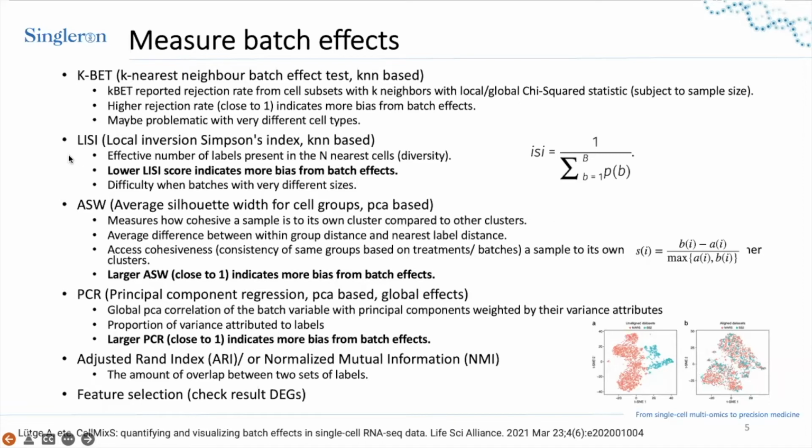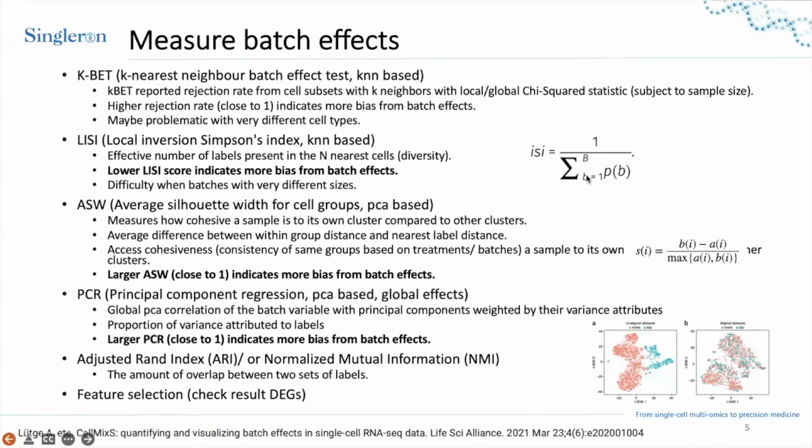On the other hand, there are also 2 popular metrics that people use to check the batch effects. LISI indicates the effective number of labels present in the N nearest cells, which was also used a lot to calculate the diversity of the cells in the samples.